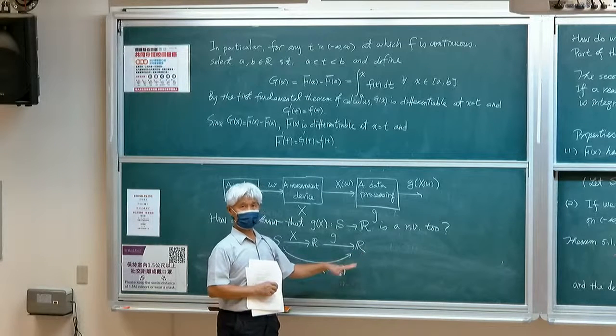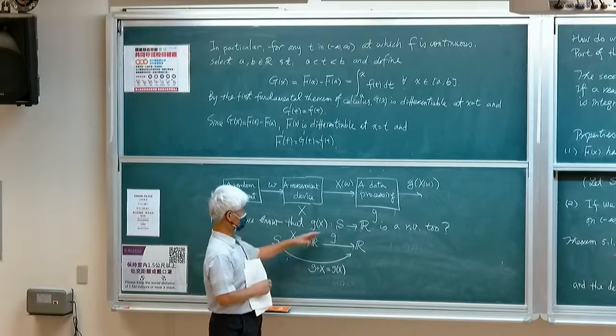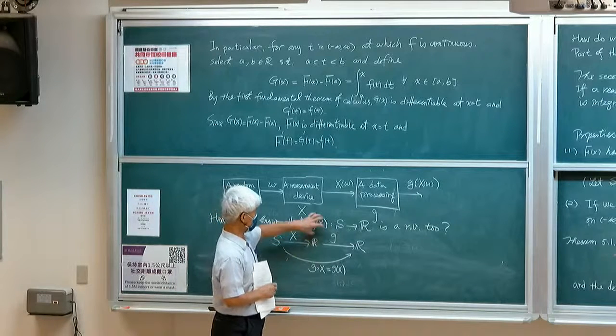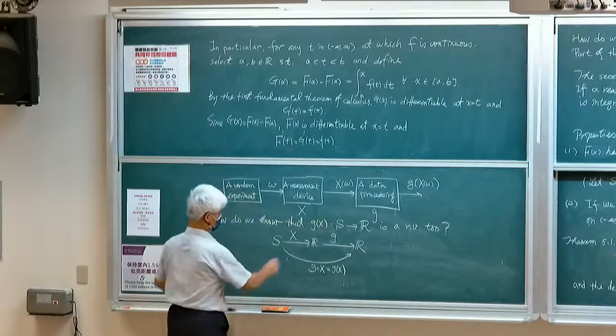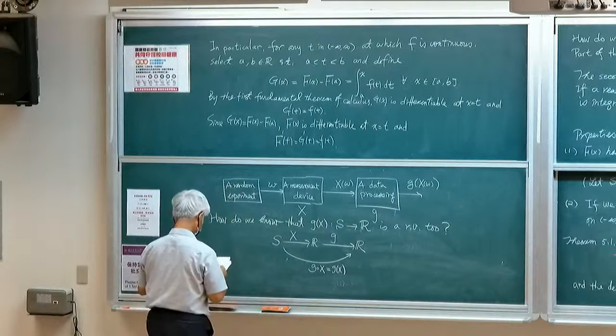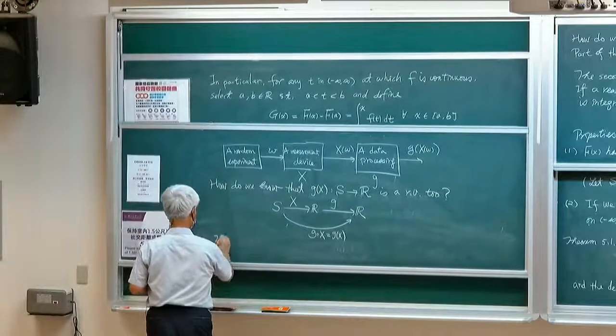So once again, we have a question: how do we know that G of x is a random variable too, because it's a function defined on the sample space? Okay, and we will see the answer.